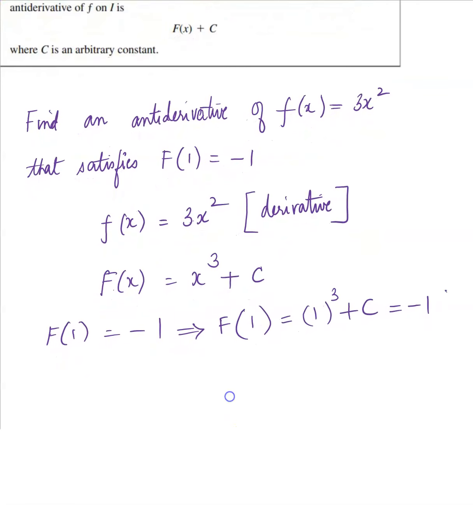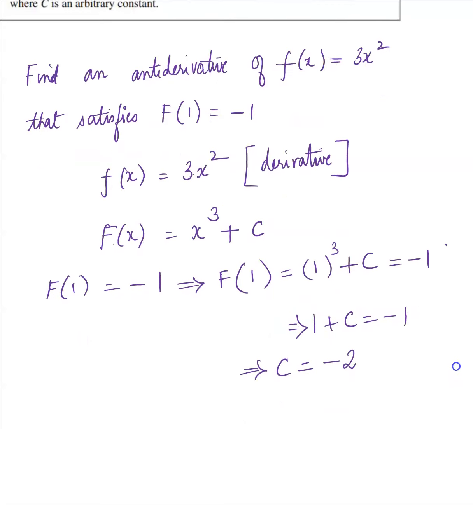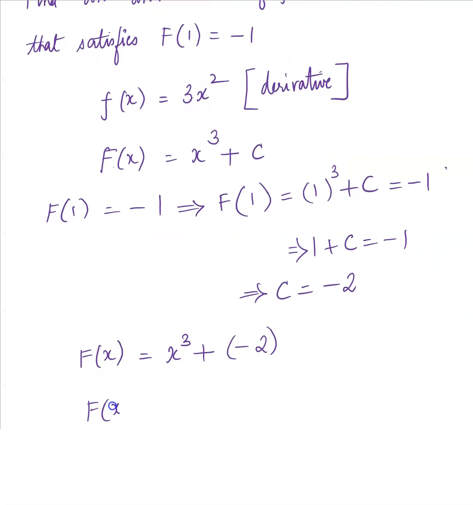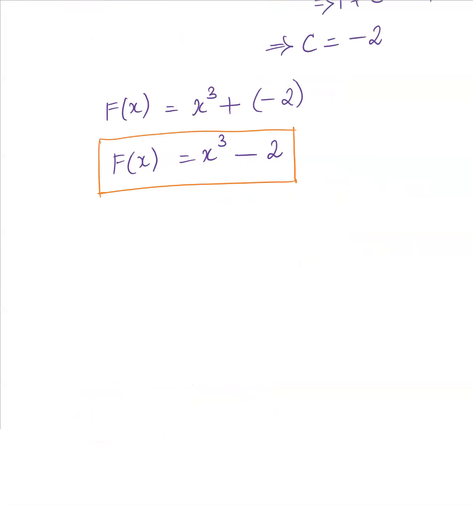And we use this to solve for c. 1 plus c equals negative 1, which implies c equals, subtract 1 on both sides, negative 2. So coming back to F of x, we have x cubed plus c, and c is negative 2. So F of x is x cubed minus 2. This is the specific antiderivative that satisfies F of 1 equals negative 1.